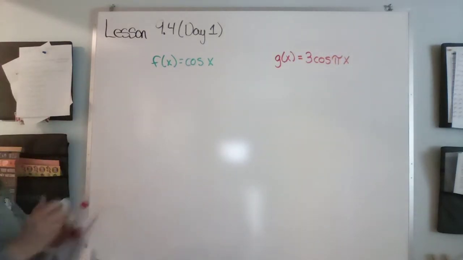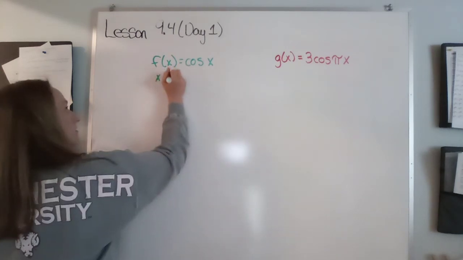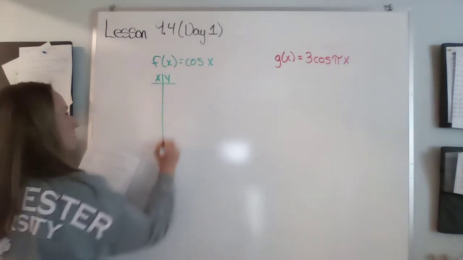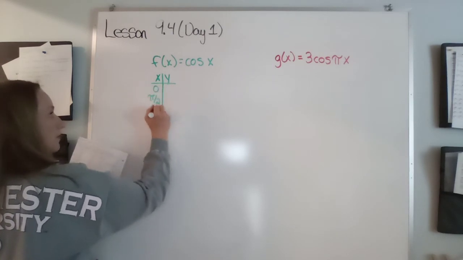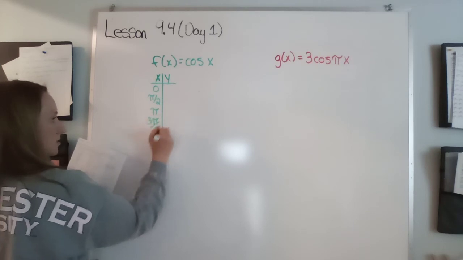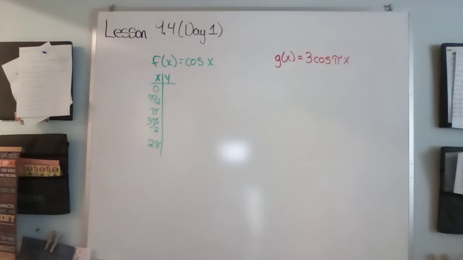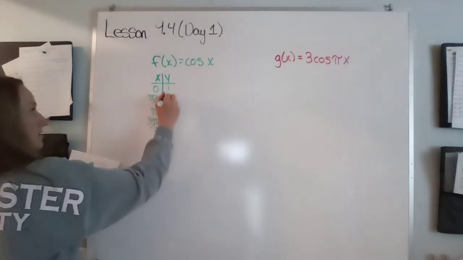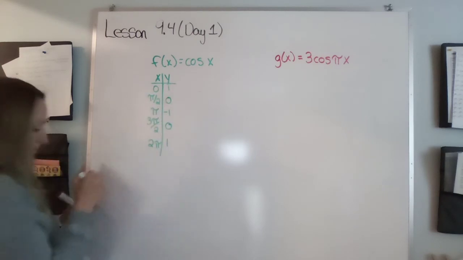Okay, so let's start with the parent function. The parent function is going to be 0, pi over 2, pi, 3 pi over 2, and 2 pi. And the y values are going to be 1, 0, negative 1, 0, 1.